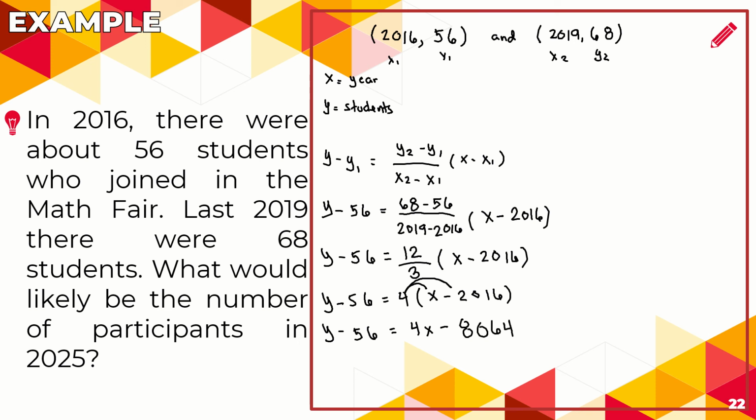Next thing to do is to move negative 56 to the other side of our equation. So we have y equals 4x minus 8,064 plus 56. Negative 8,064 plus 56. What is the answer? Correct. It is y equals 4x minus 8,008.